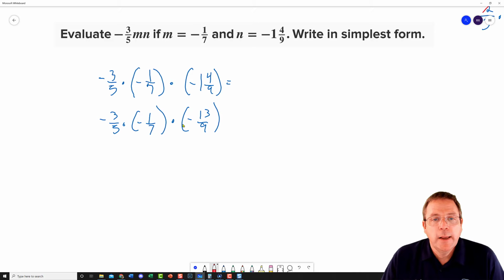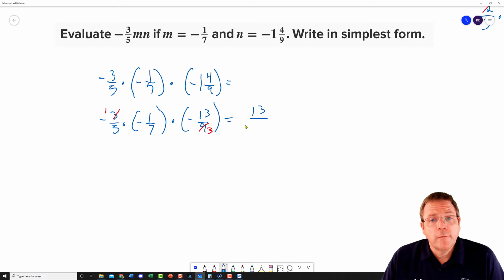I can simplify anywhere across the diagonals, which means 3 goes into 3 once and 3 goes into 9 3 times. That is the only things that will simplify here. So it's time to multiply. I'm going to say a 1 times 13 is going to be 13. 5 times 7, that's going to be 35.